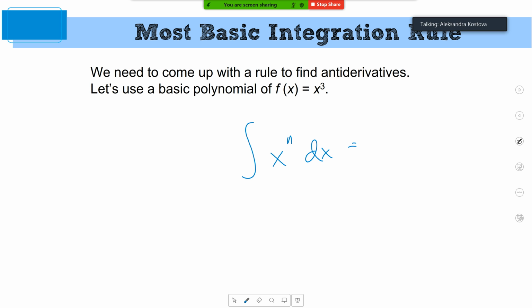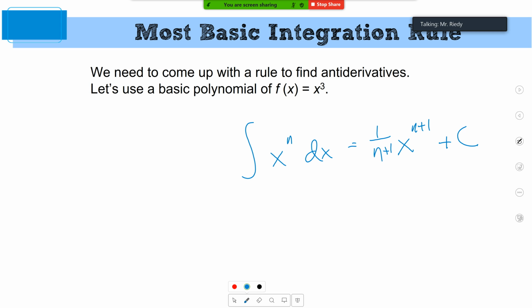I'm going to guess here. I'm going to say x to the n plus 1, and then the number in front of the x would be 1 over n plus 1. 1 over n plus 1 or 1 over n? 1 over n plus 1. Okay, not bad. I'll give you that. You forgot the plus c, that's okay. Is she right?